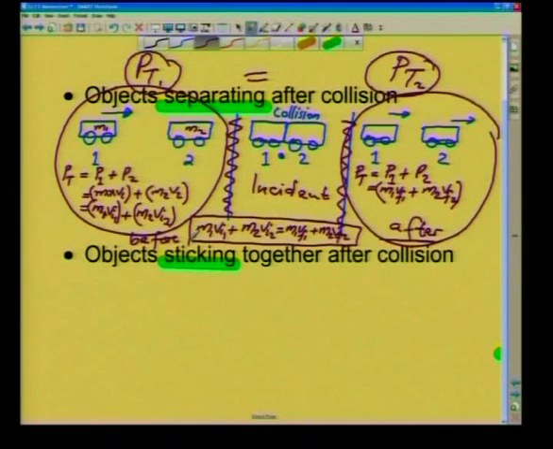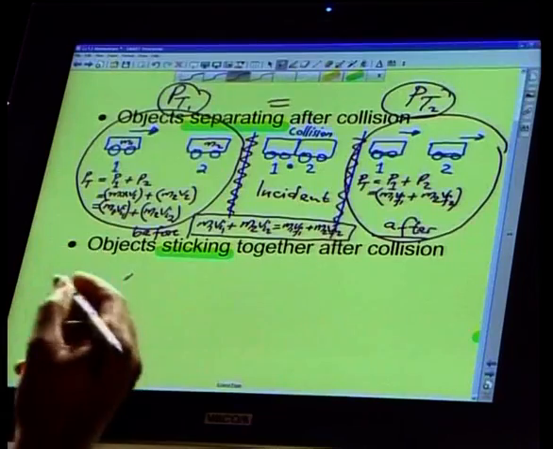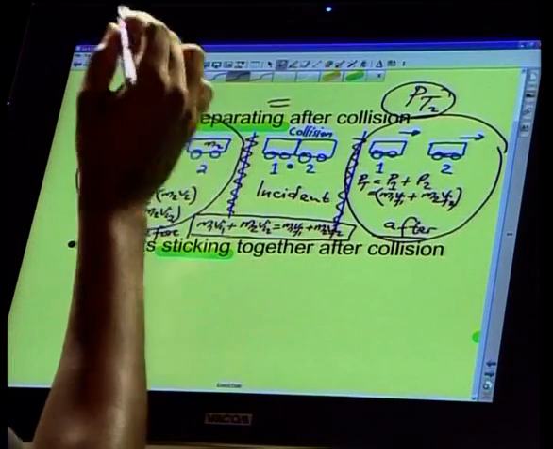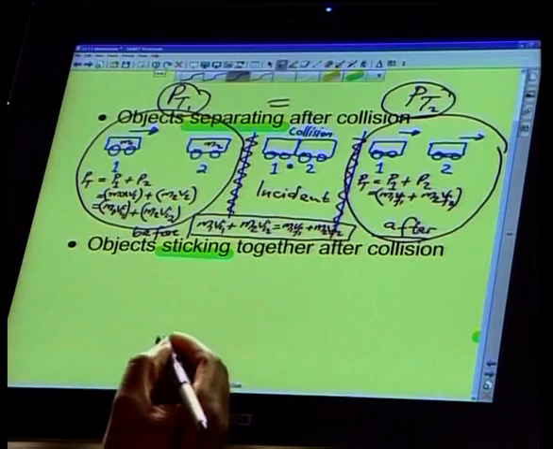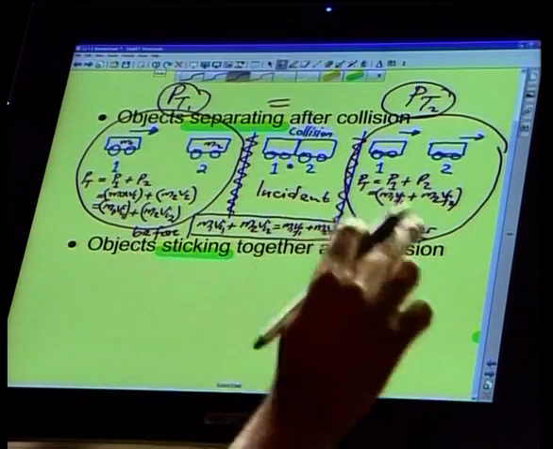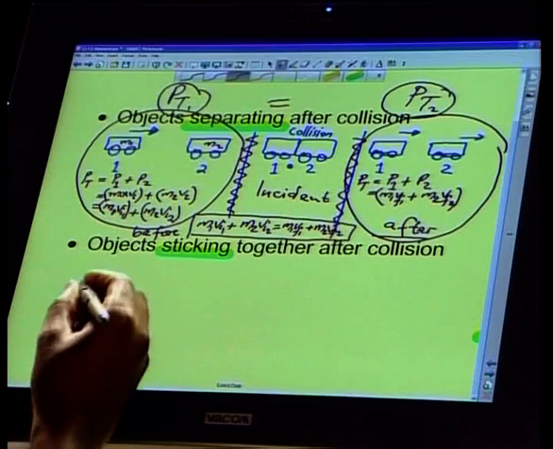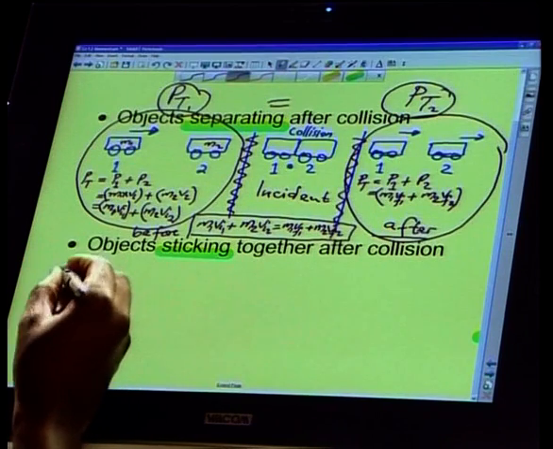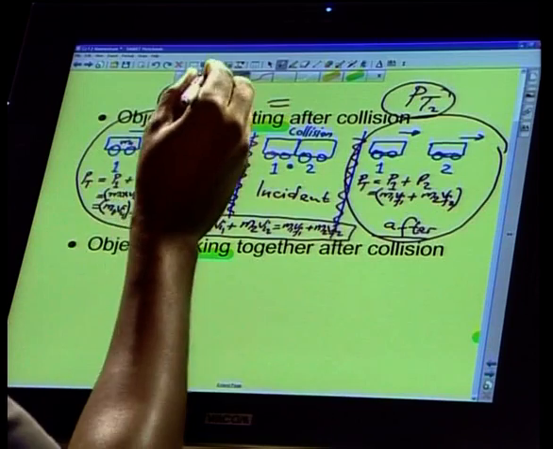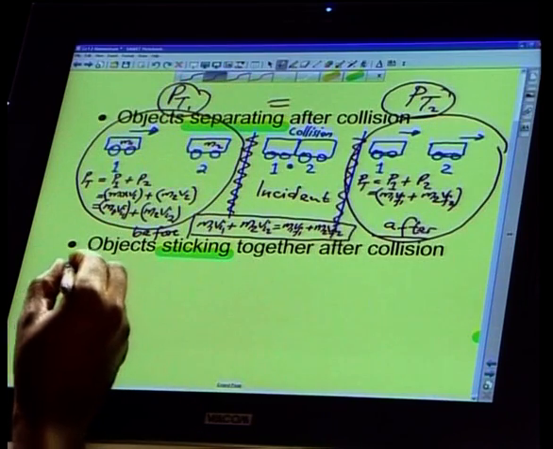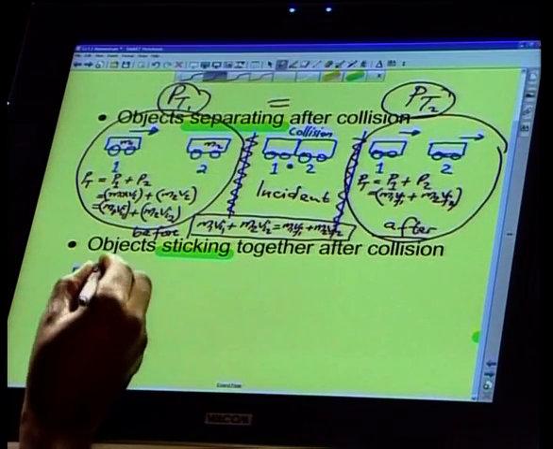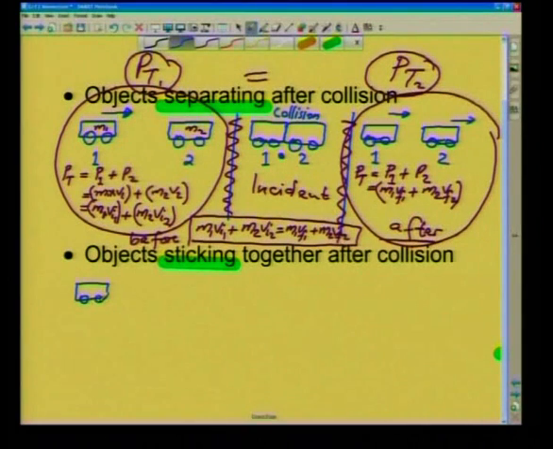Now the second situation says here we've got a system where objects stick together after collision. What happens is that you've got the trolleys. There is the first one, and you have your second trolley.